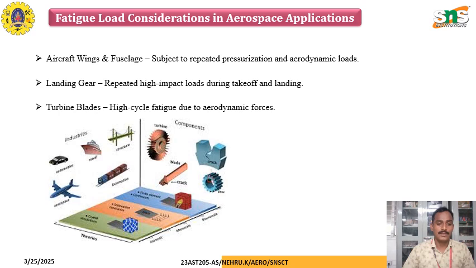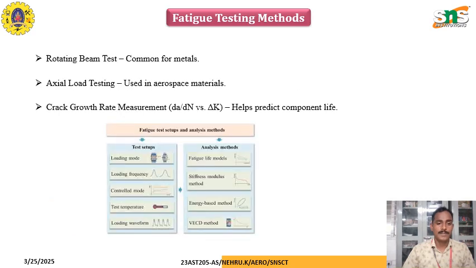Let us look at some testing methods used to analyze the fatigue strength of a material. One is the rotating beam test. It is common for all metals, where you can place the test sample in the rotating beam test and get all the testing data for fatigue loads.